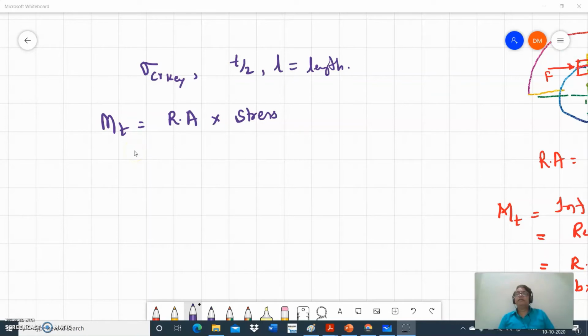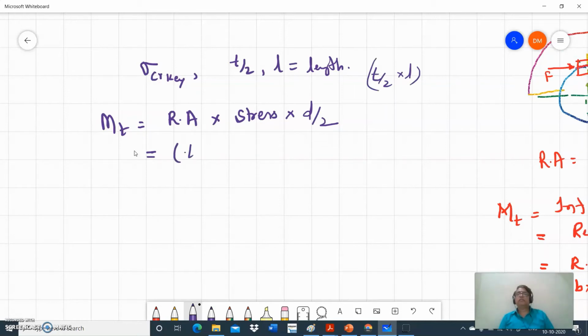So what I am saying here is the applied torque MT is equal to resisting area into stress into the radial distance, that is the diameter D upon 2. The resisting area in crushing is nothing but T by 2 into L, right?